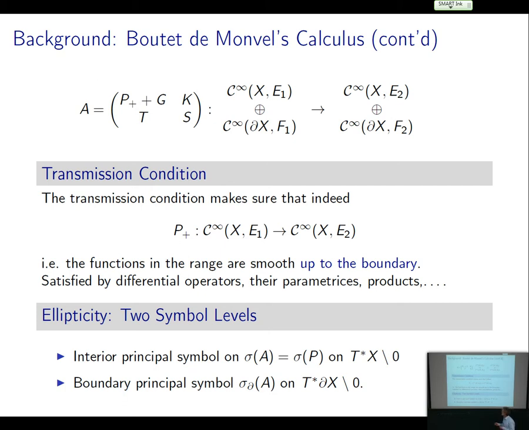And then there is, in classical theory, the condition of Lopatinsky and Shapiro, which is an operator-valued symbol that lives on the boundary and looks in the normal direction whether an operator on the half line is invertible. And so this is the boundary principal symbol. I don't want to write it down because it takes a lot of space, but roughly, if you have this idea, then this is good enough for the talk to follow.